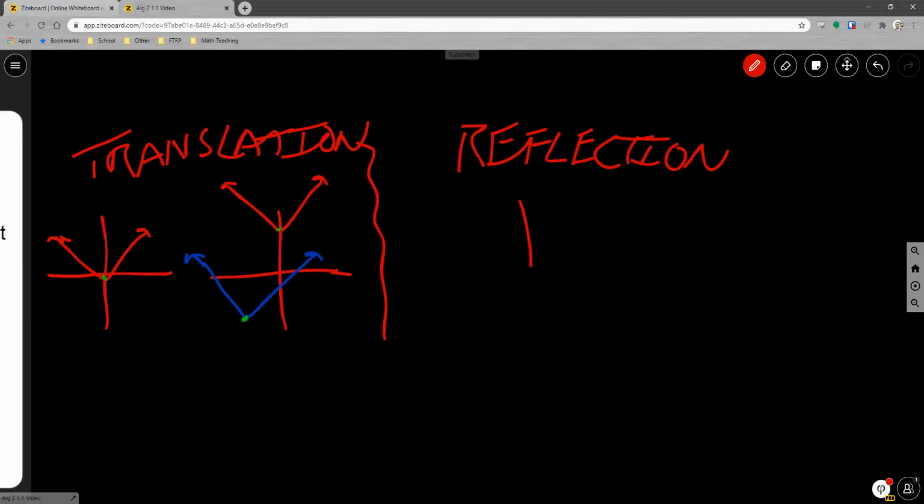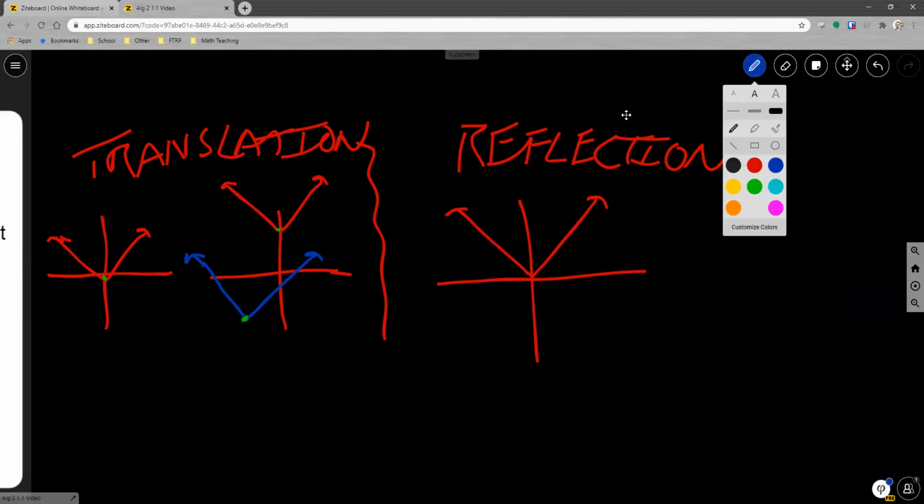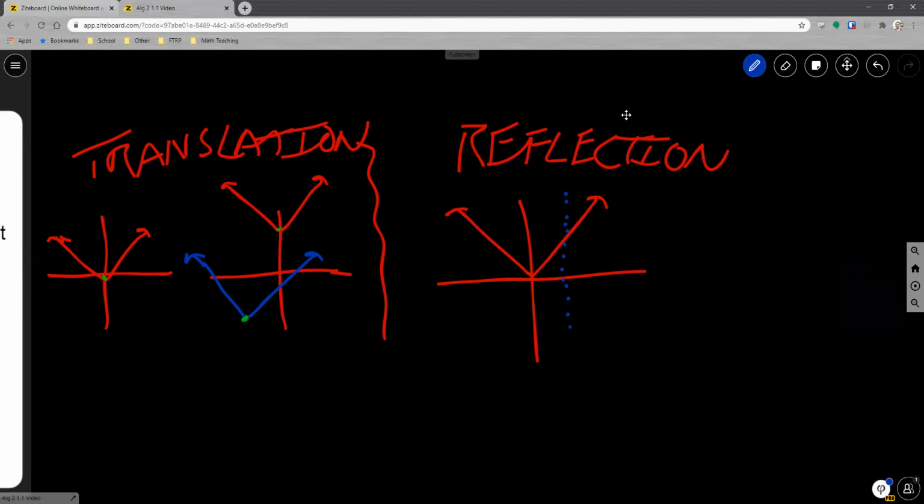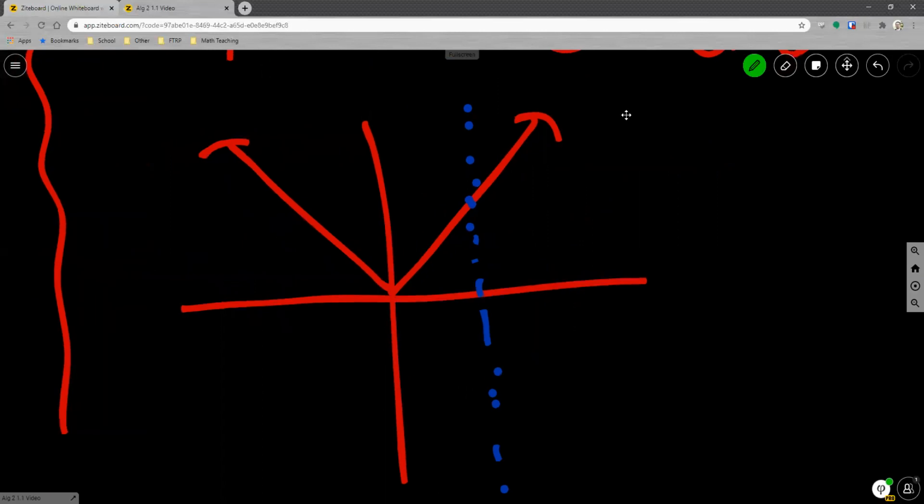So let's say I've got a function, looks like that. And let's say I want to reflect it over a line. That was terrible. I'll take it a little slower. Still terrible. So let's say that's my reflection line. And I'll do green for my new graph. Every point, I'm going to zoom in on this. Every point on my function gets reflected to a new point on the opposite side of the line of reflection.